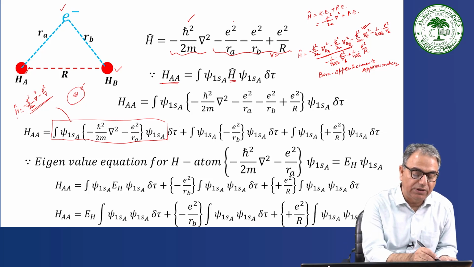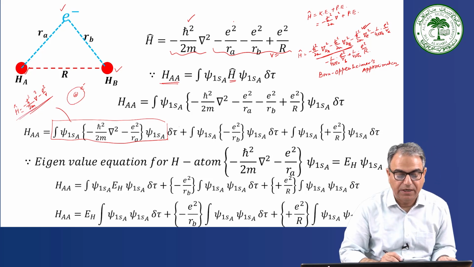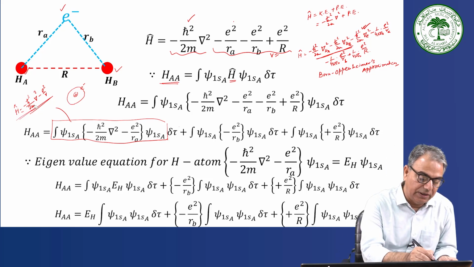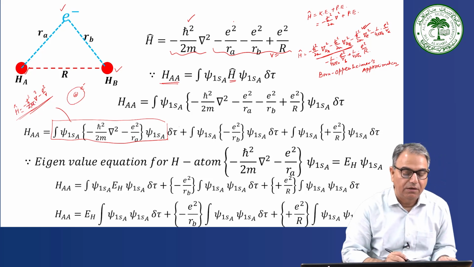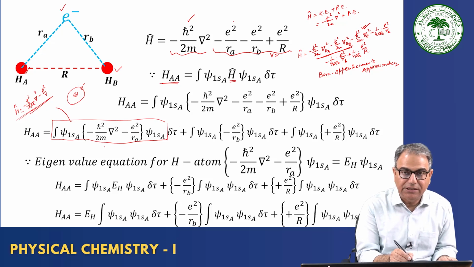So this is the Hamiltonian for the hydrogen atom system. And better to write not m, let me write 2 mu: minus h cross square divided by 2 mu del square minus e square by R. So this indicates the Hamiltonian of the hydrogen atom.